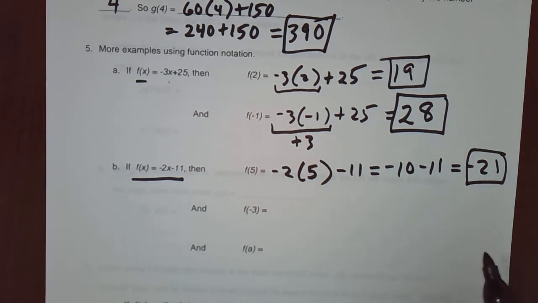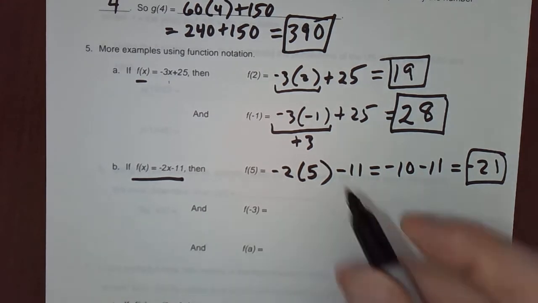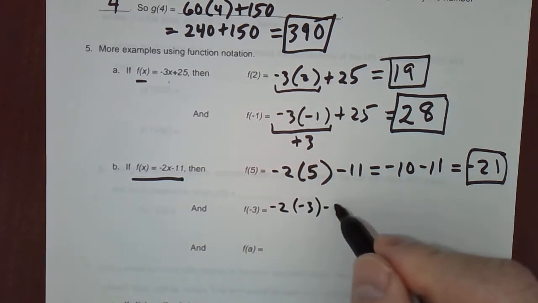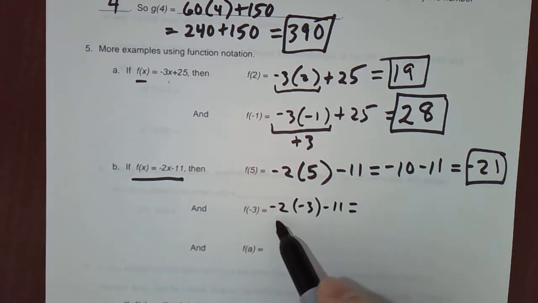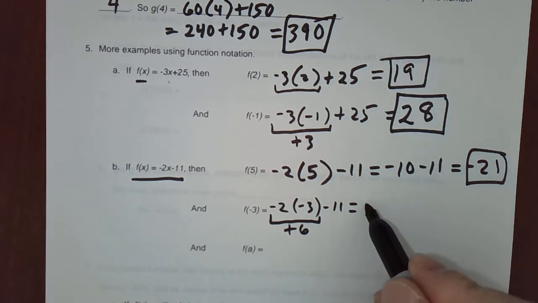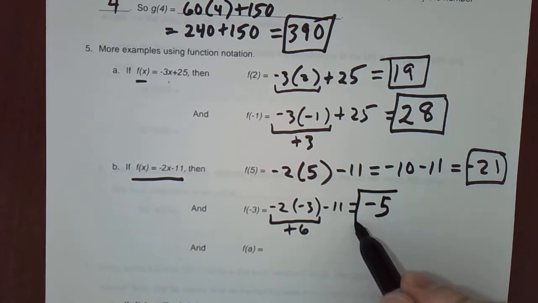Next, f of negative 3. Okay, we're getting lots of negatives here. Let's see what happens. Negative 2 times negative 3 minus 11. Well, the negative 2 times negative 3 is actually a positive 6. What is 6 minus 11? Negative 5.